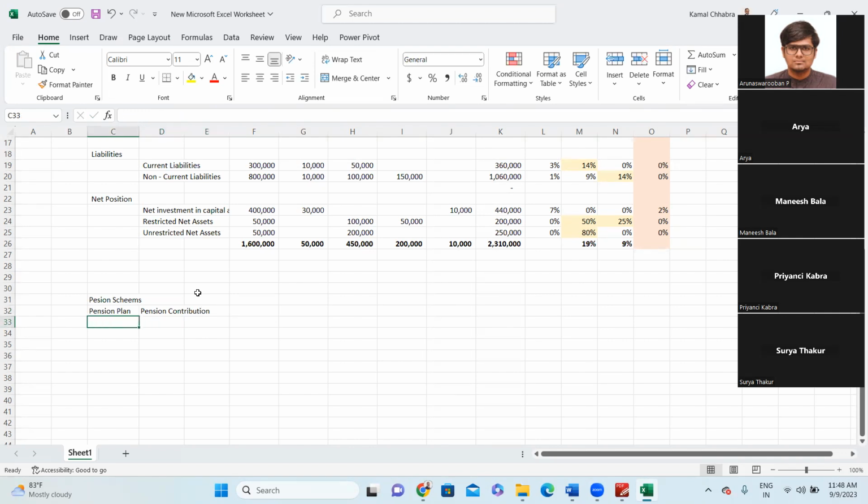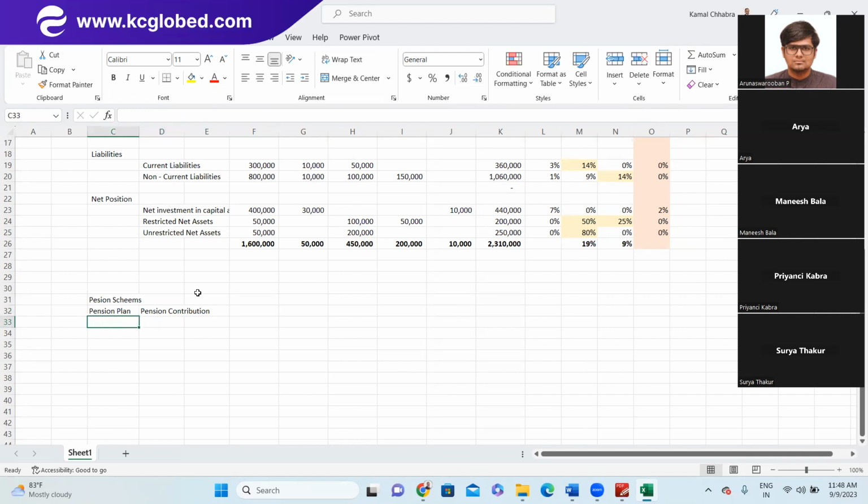Right? In the pension plan, the entity maintains the pension funds under a trust, right?